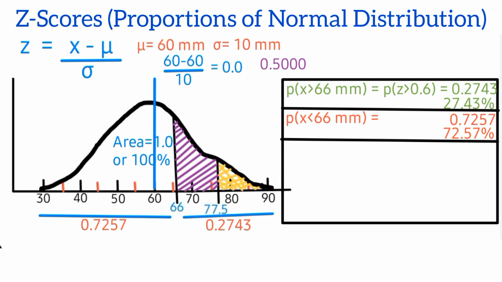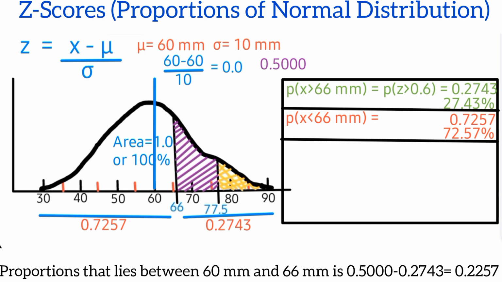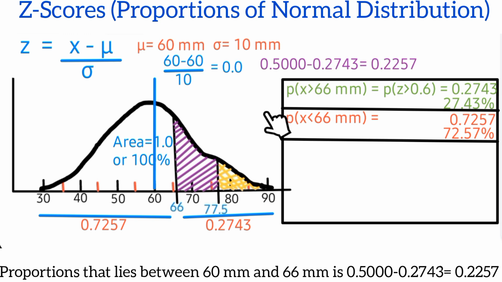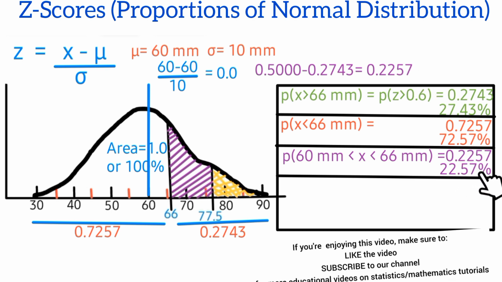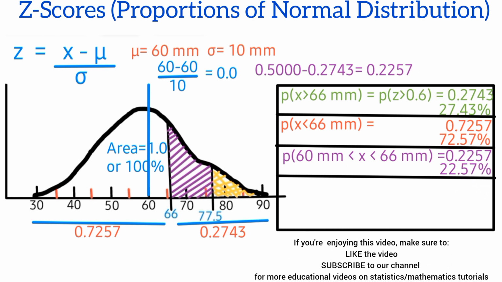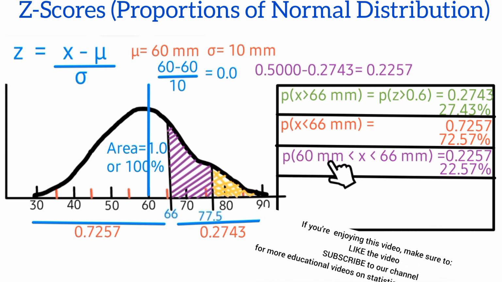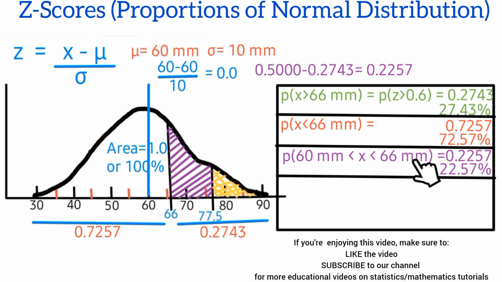So the proportion that lies between 60 millimeters and 66 millimeters will be 0.5000 minus 0.2743, which gives 0.2257. Multiplying this by 100 gives 22.57%. And this is read as the probability that X lies between 60 millimeters and 66 millimeters.